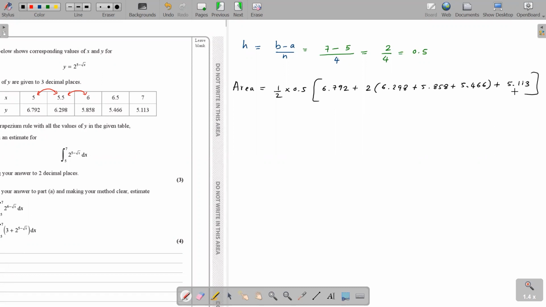Is this clear? This is the trapezium rule. Make sure you write the first part correctly and show all of this clearly. You must show this particular line of working to score the mark.